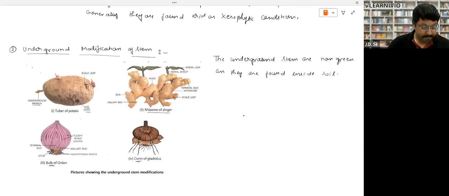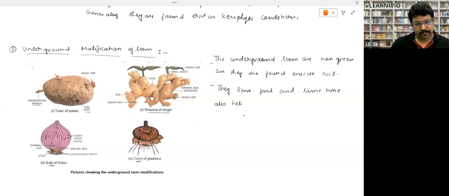Inside soil, they store food, and sometimes also help in propagation, like potato. Propagation, because there is no seed of potato. The propagation takes place on the underground stem only. So the potato, that is a tuber.